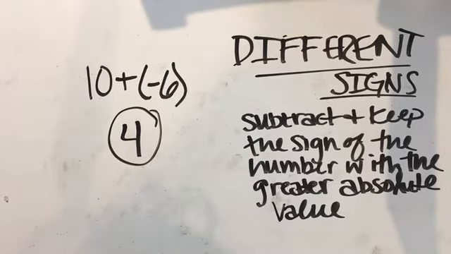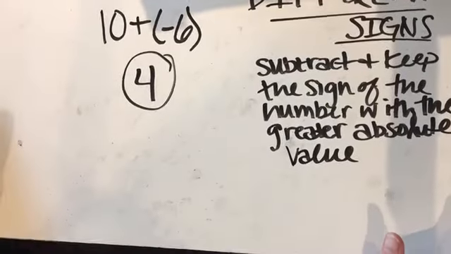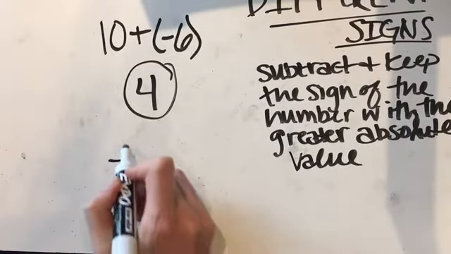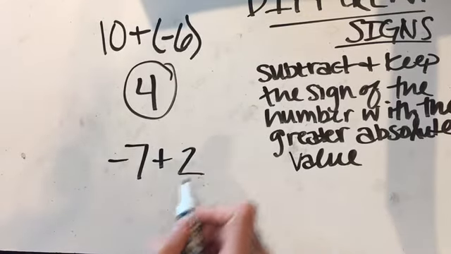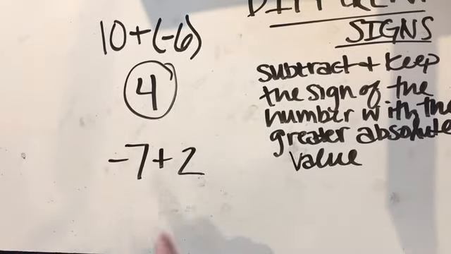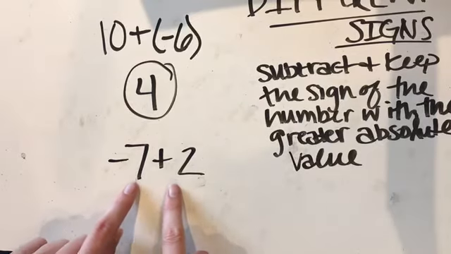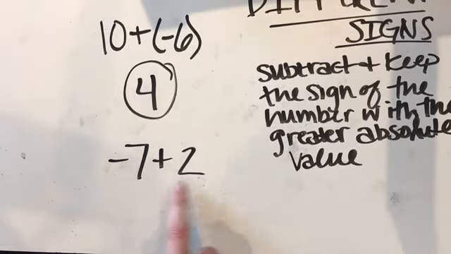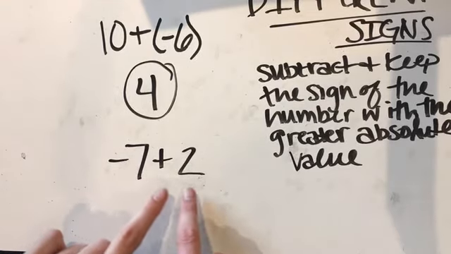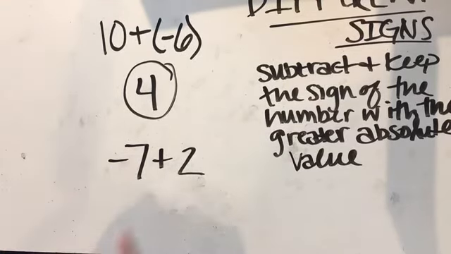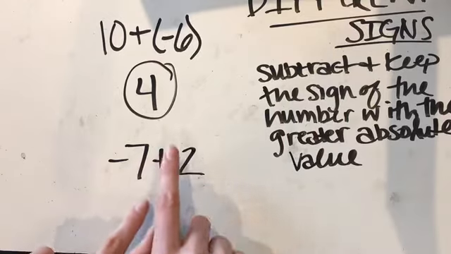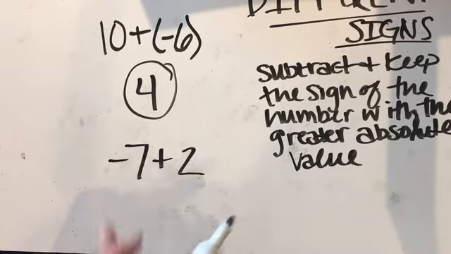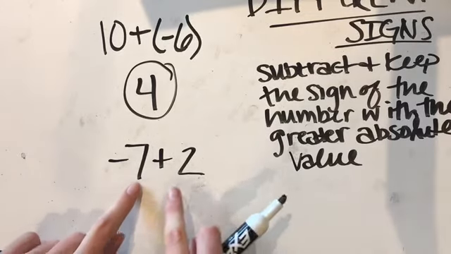Okay, let's try one more example with different signs. What if we look at this one? -7 plus 2. I think this is another one we already looked at, but it's kind of helpful to think about them again. First of all, do these have same or different signs? It has different, right? This is a -7, +2, so one's negative, one's positive. So we're going to use these rules. If this was -7 plus -2, they'd be same, and we'd add them and keep the negative sign, but they're different.